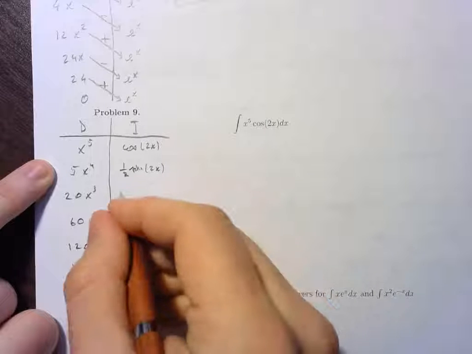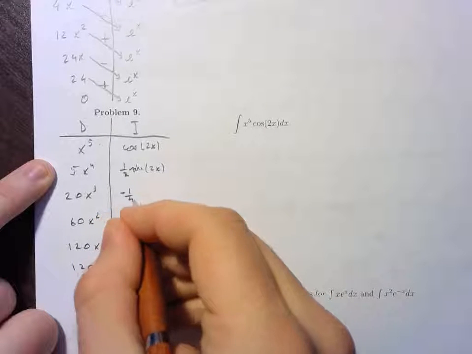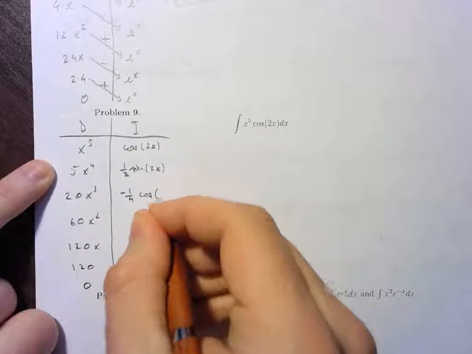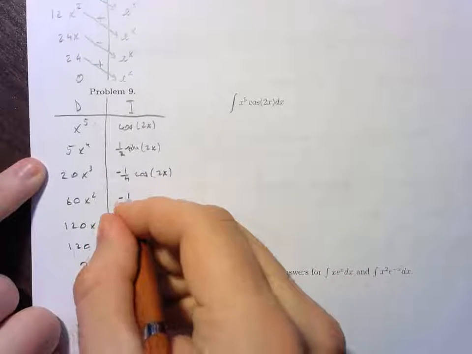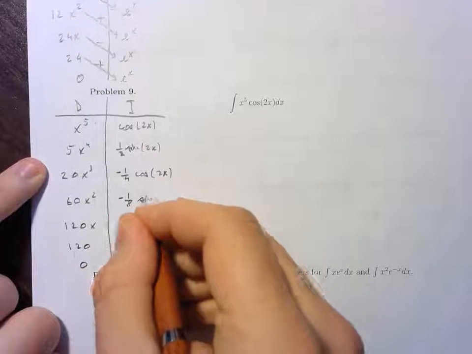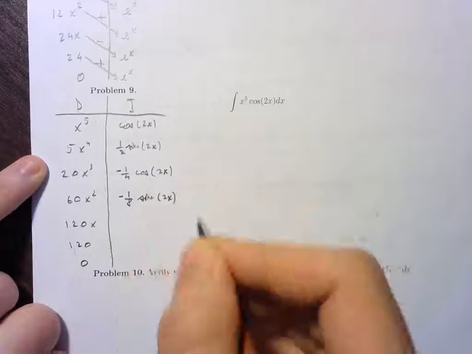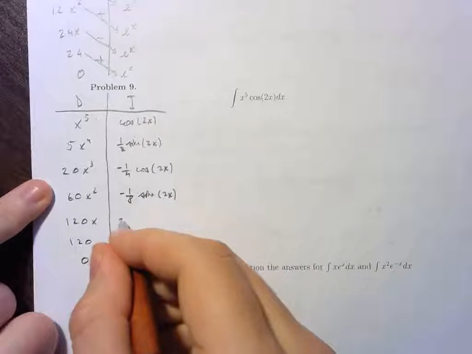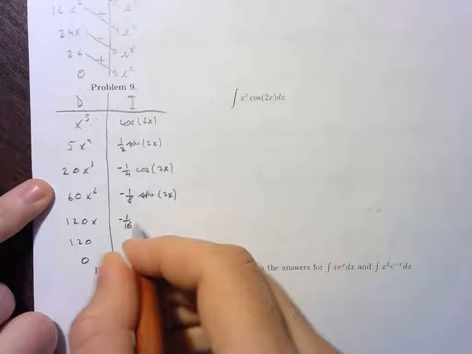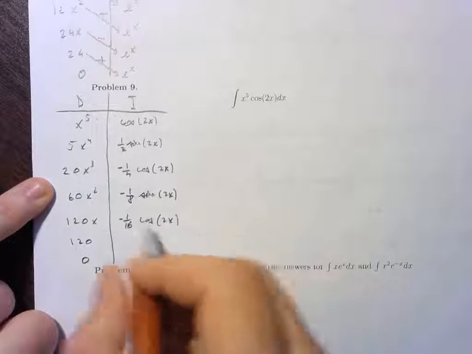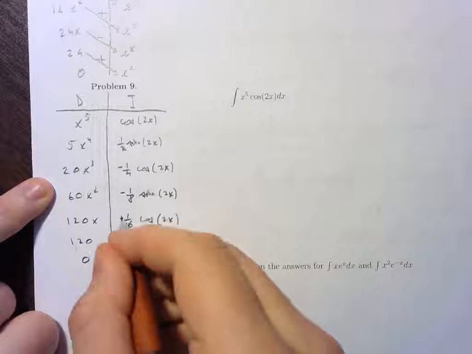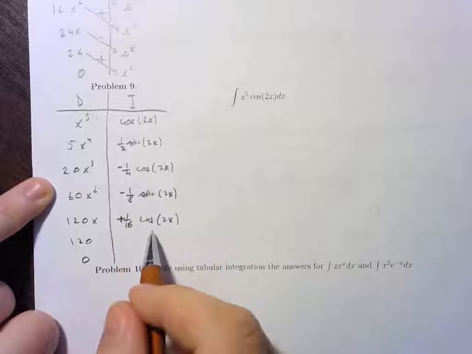Then the integral of that is negative 1/4 cosine of 2x, and the integral of that is negative 1/8 sine of 2x. The integral of that is negative 1/16 cosine of, actually no, integral of sine. So now I'm going to make this positive, not negative, my bad.